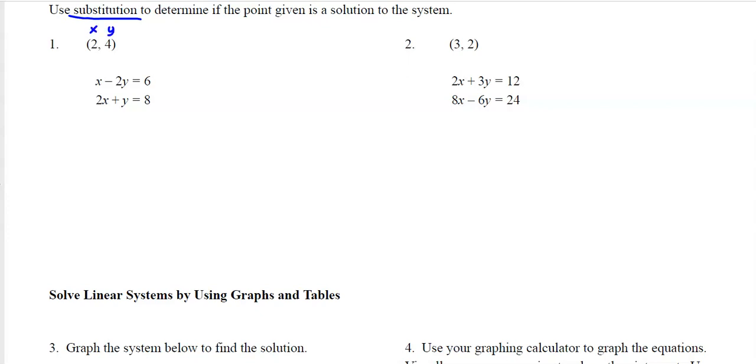I'll give you guys a couple quick minutes, but what I want you to do is substitute, like in this case, 2 in for x, 4 in for y, and then put 2 in for x, 4 in for y. And if it makes both of them true, it's a solution. But if it fails on either one, you're done. It doesn't work. So why don't you guys really quick try 1 and 2, and then we'll jump back in and we'll talk about it.